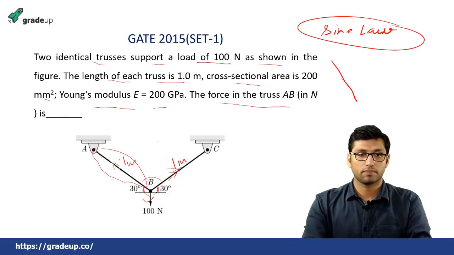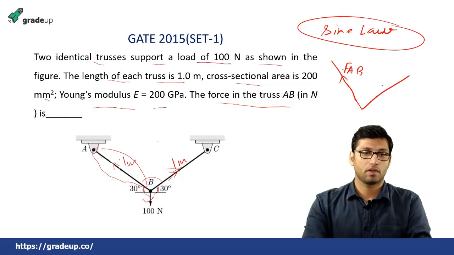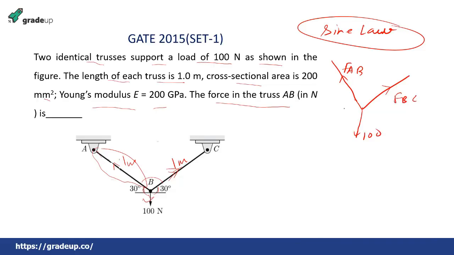Suppose this is FAB, this is FBC, and this is given as 100 Newton, and this angle is 30 degree and 30 degree. If you know these angle values, you can find it with the help of sine law, which is FAB over sine of its opposite angle, FBC over its opposite angle, and 100 over its opposite angle.